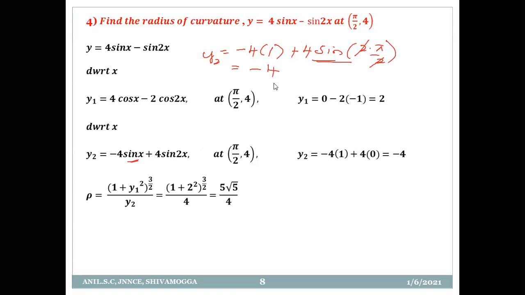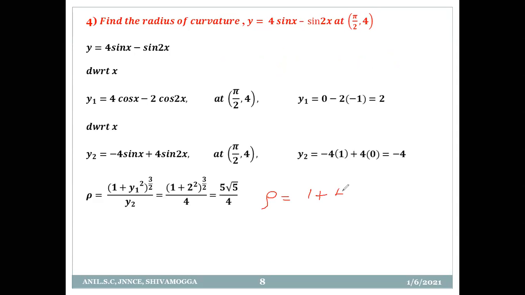Rest is very simple. Write the formula, substitute. Rho is equal to (1 plus y1 square) whole power 3 by 2 divided by y2. y1 is 2. Therefore, 1 plus 2 square is 4, whole power 3 by 2. This divided by y2, and y2 is minus 4. Rho is always a positive quantity.